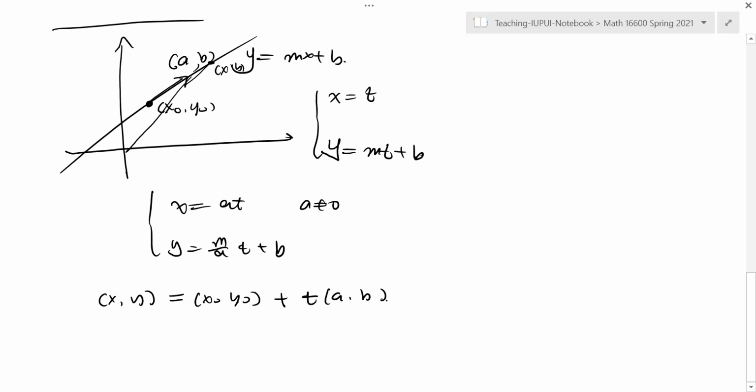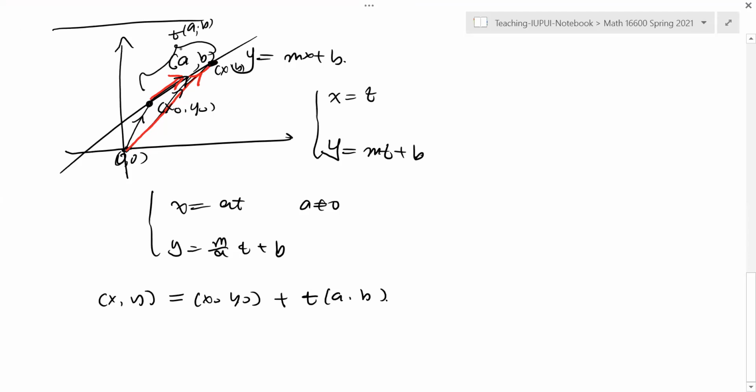Then how do you get this vector from the origin to that point? Let me draw these in different colors. This is what I want, and this is our vector here. You have to scale it, so this part will be t times a.